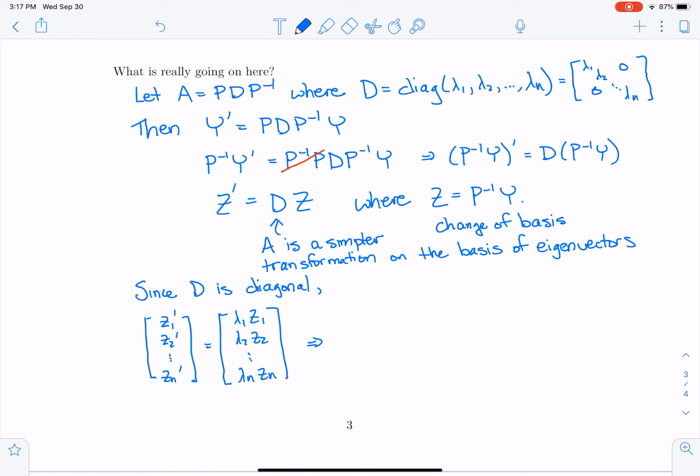And so in fact, we can write the solution, z1, z2, all the way down to zn, as equal to c1 e to the lambda 1 t, c2 e to the lambda 2 t, all the way down to cn e to the lambda n t.